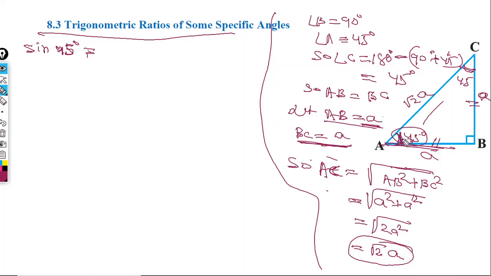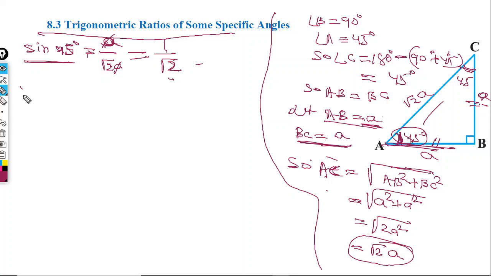The opposite side of A is this BC, and hypotenuse is root 2 a. So BC length is a, hypotenuse is root 2 a. Therefore you can write a by root 2 a. Now you can cancel the a, which will be equal to 1 by root 2. So we find the value of sine 45 is equal to 1 by root 2.